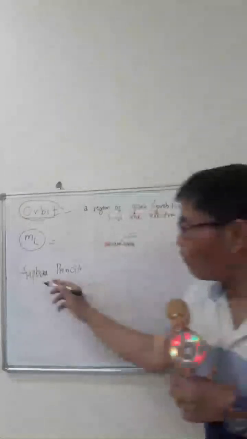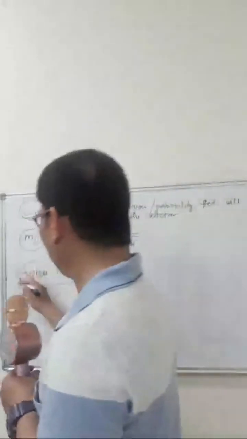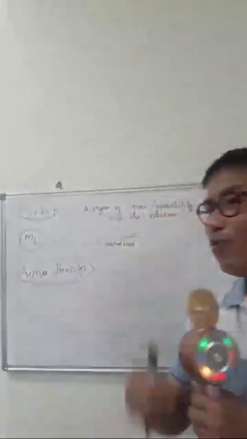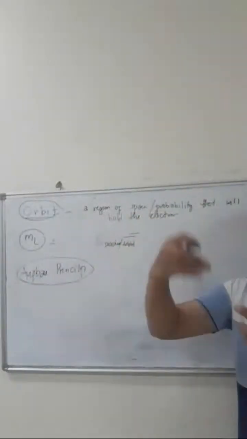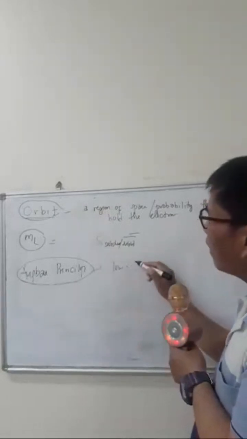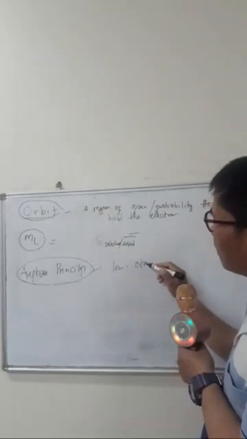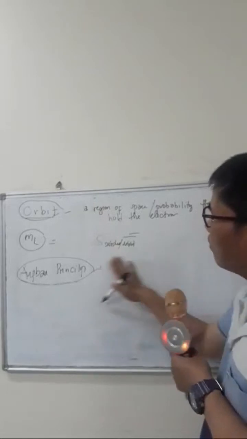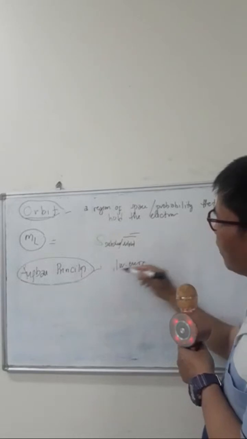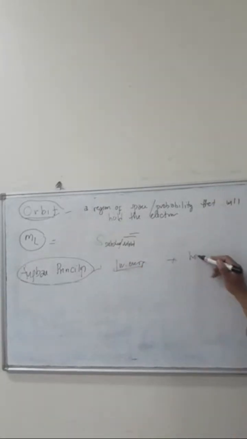But the Aufbau principle is another thing. In the Aufbau principle, you need to fill the electrons in the subshell and sublevel starting from low energy atomic orbital to high energy atomic orbital. What do you mean by that?